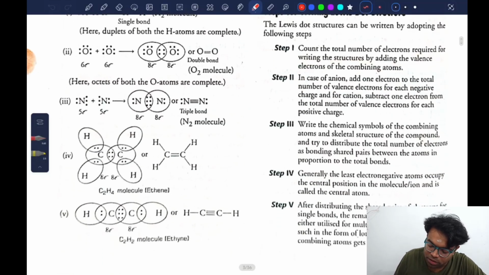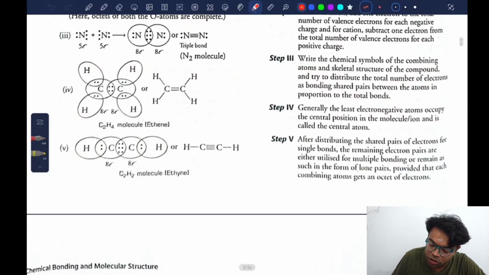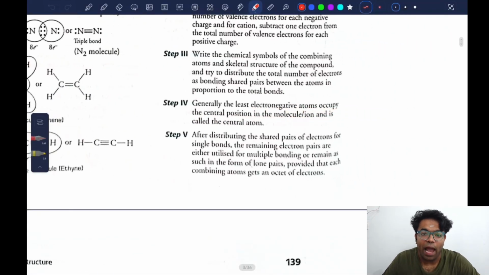Write the chemical symbols for the combining atoms and the skeletal structure of the compound, and try to distribute the total number of electrons as bonding shared pairs between the atoms in proportion to the total bonds. Generally, the least electronegative atom occupies the center position in the atom or ion. What is electronegativity?